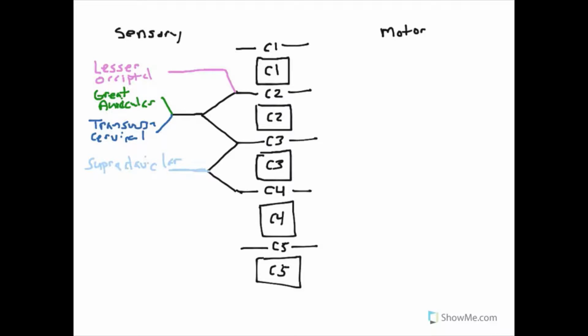Notice that the lesser occipital's branches are actually coming off from the nerve root associated with C2, the C2 nerve root. The nerve roots here are associated with the second and third vertebrae, where it's getting most of its innervation from.